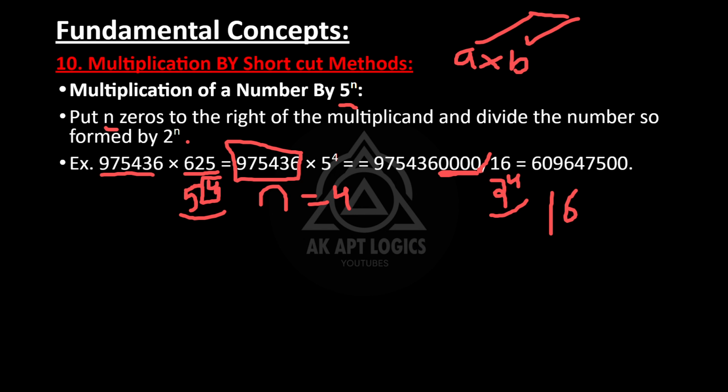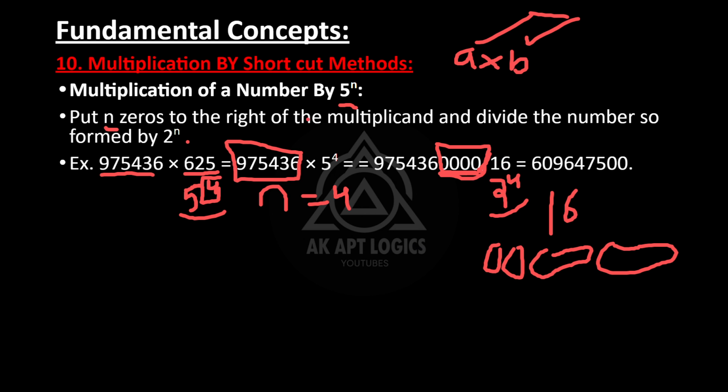If you remember the divisibility rule of 16 from the previous class, if the last four digits are zero, or the last four digits are divisible by 16, then the given number is divisible by 16. Here the last four digits we make zeros by adding four zeros, and we just divide by 16.